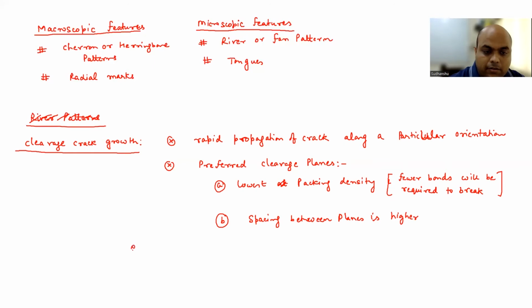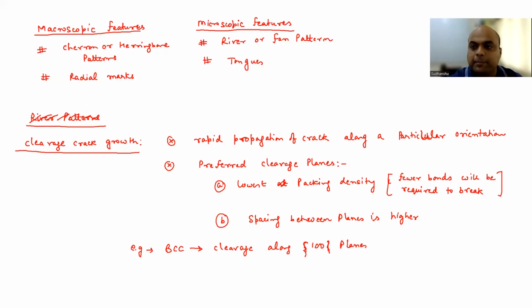So an example is, if you talk about BCC metals, you're going to see cleavage along 100 planes. So it has the lowest packing density and the spacing between planes is higher.